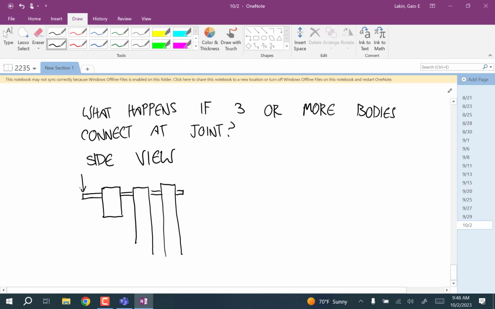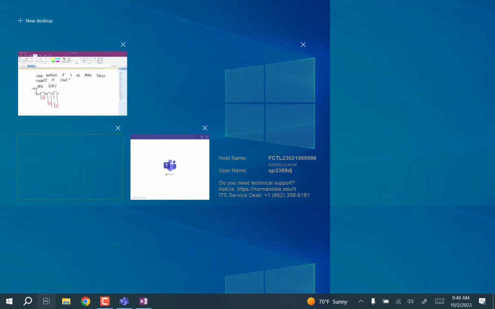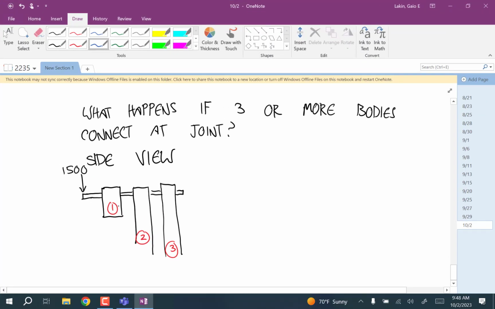And then, you know, there's some force here, let's say 1500 newtons or something. Let's say this is body 1, body 2, body 3. Well, we're going to include the pin as part of member 1. So all the shaded stuff is member 1.